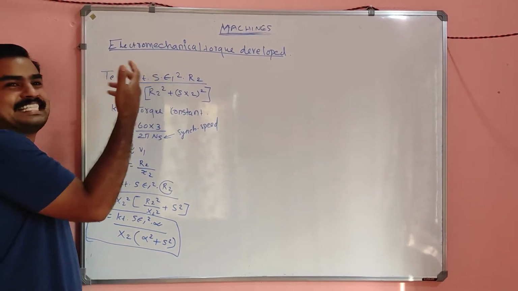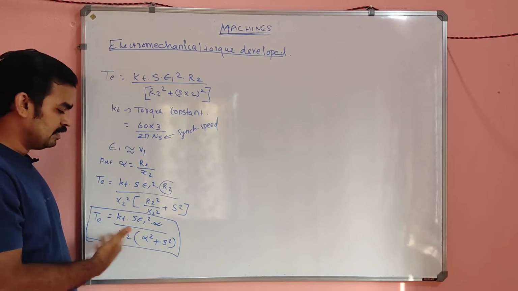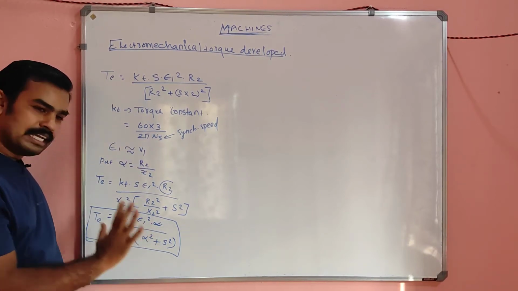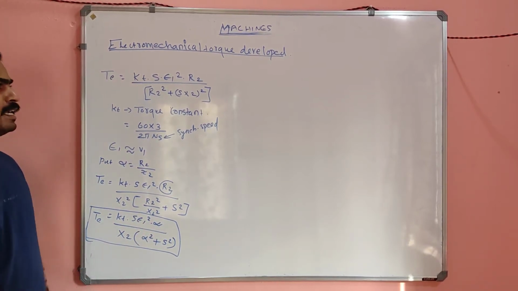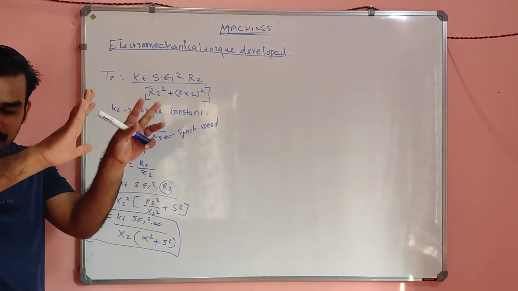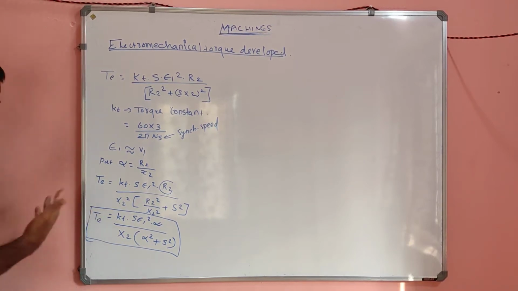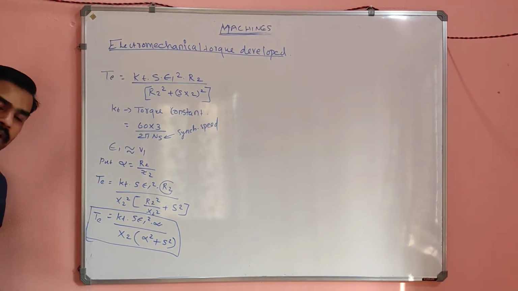So like that, it's a starter. You can use this equation, keep making adjustments, and you will get the final equation. You don't need to remember the derivation, it is not needed. So this is the electromechanical torque equation.